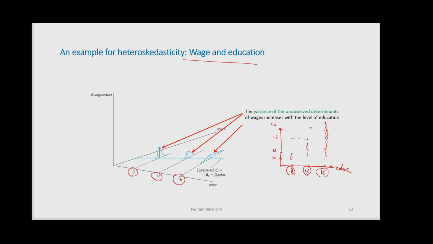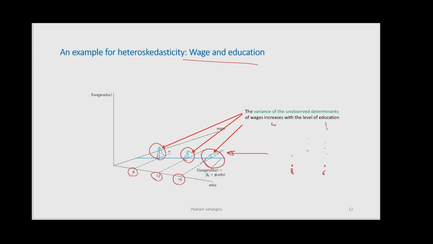So if I want to plot the distribution, it's going to be way more widespread when it is 16 versus 12, versus when it's 8. So this is basically what we're seeing here, right? The variance is smaller, then gets bigger, then it gets bigger. So this is an example of heteroskedasticity. Our wage versus education is going to be heteroskedastic, so we have to do something about it.